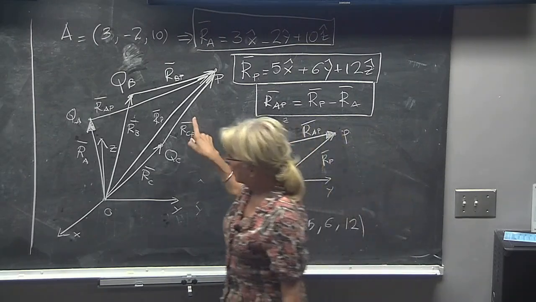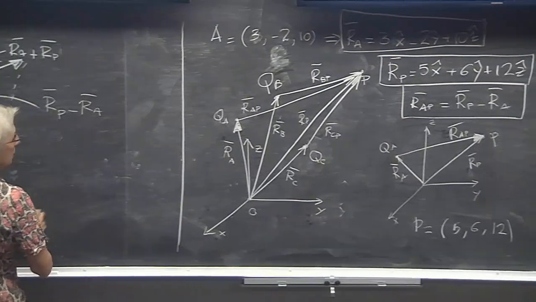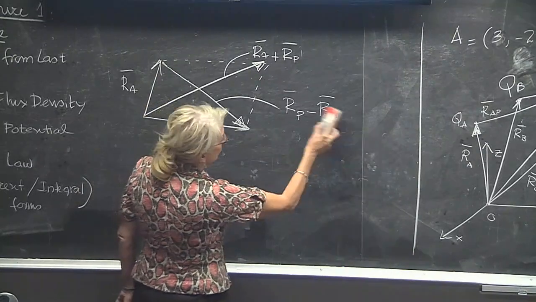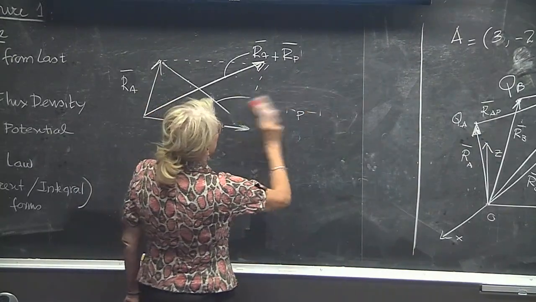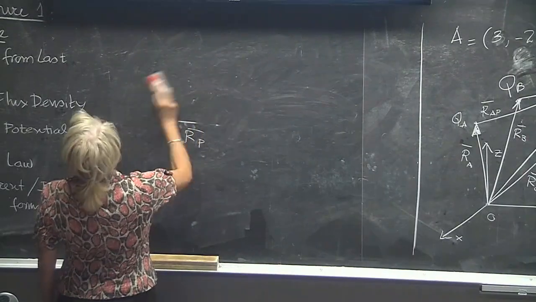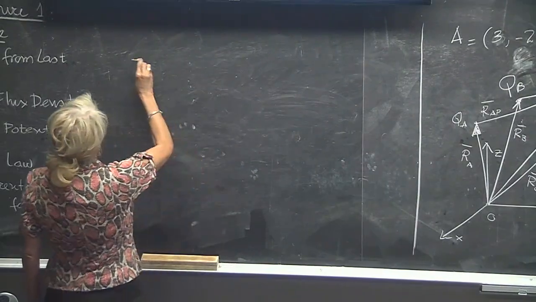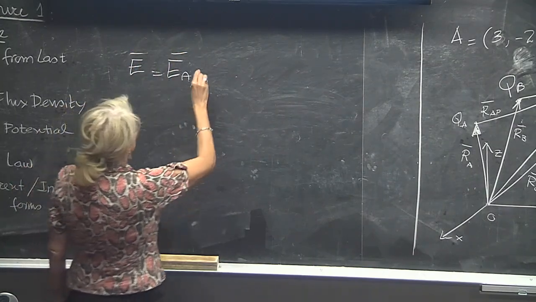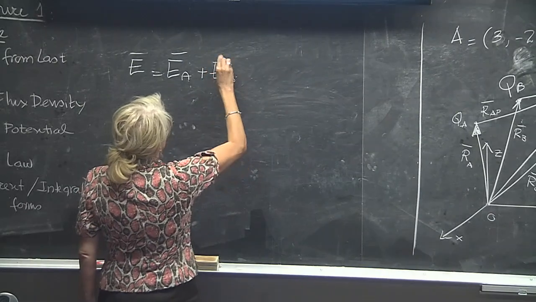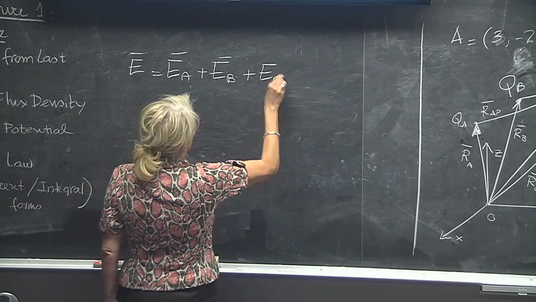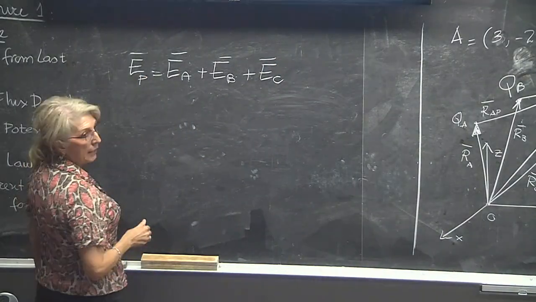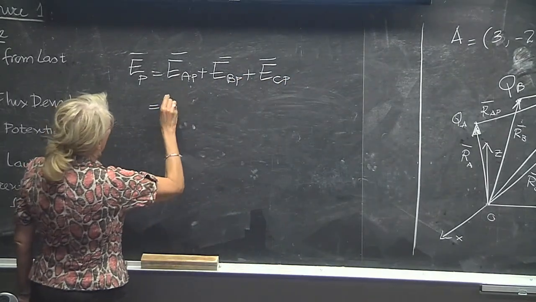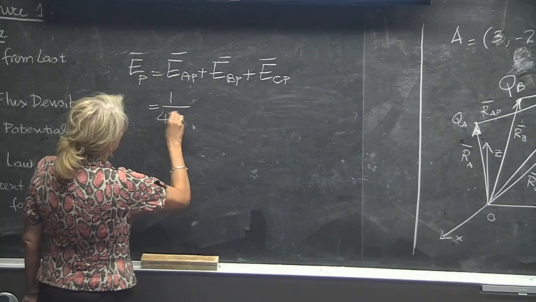And then if I do the same thing and I find these vectors, and I have them in vector form, then I can go back to where I had the E. We can go to this one and say total E will be E from QA, E from QB, E from QC. That's my total E at P. All right? And how much is it? All of them have the 1 over 4 pi epsilon naught.